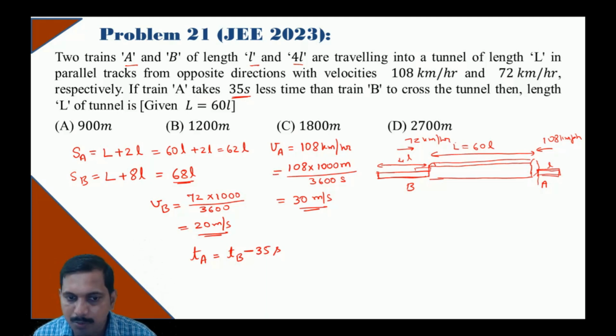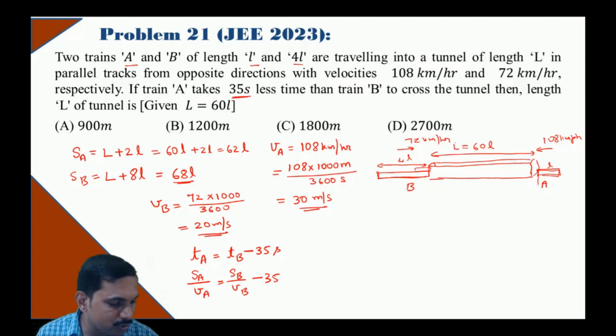Okay, so TB is more, TA is less. All right. So what is time? Time is distance by velocity. So TA is SA by velocity VA, is equal to SB by velocity VB minus 35. This is the equation we need to solve.